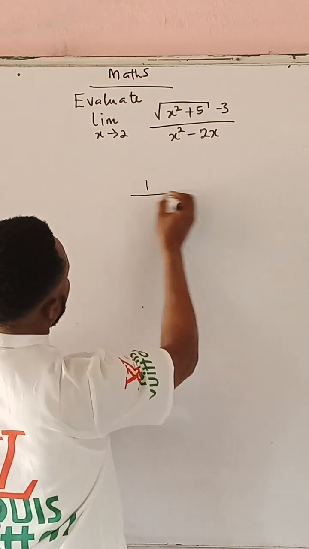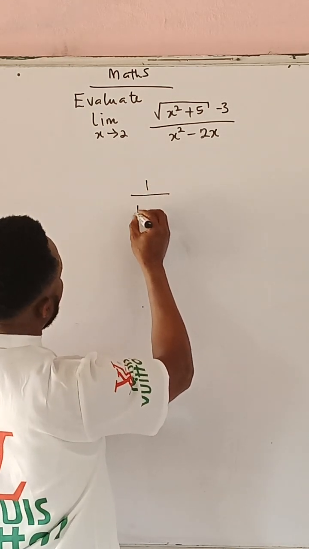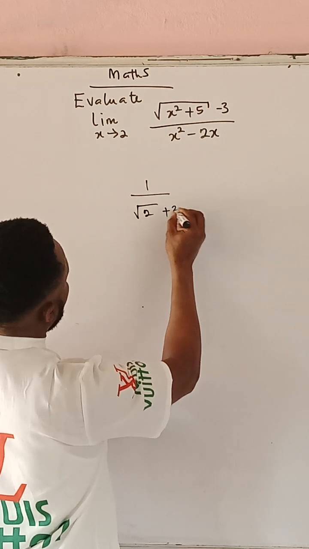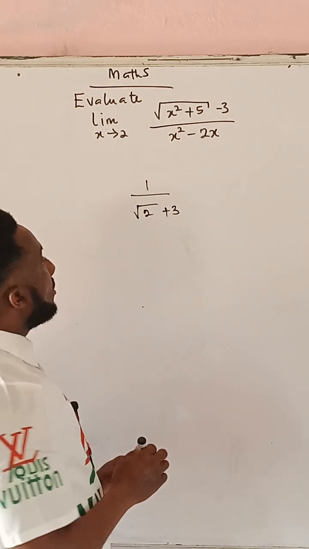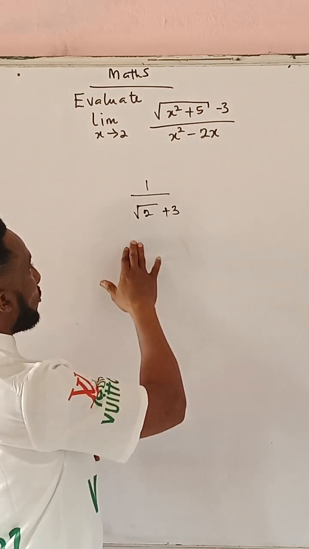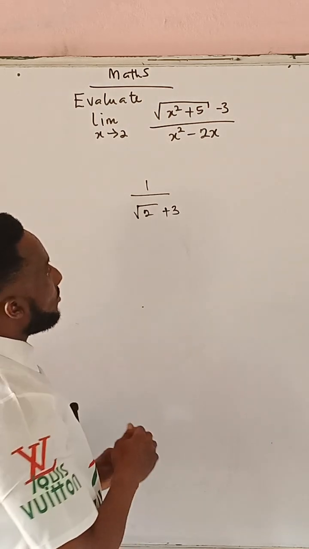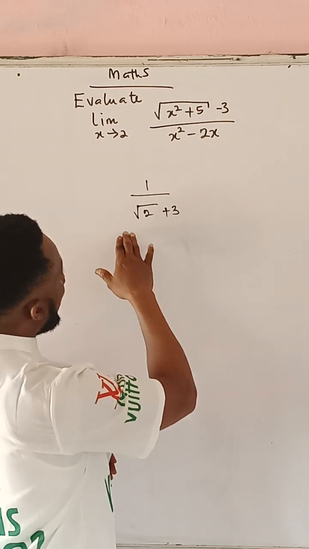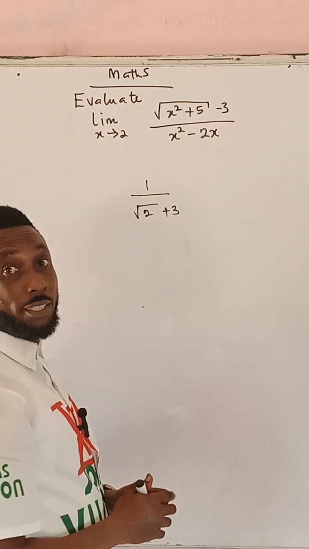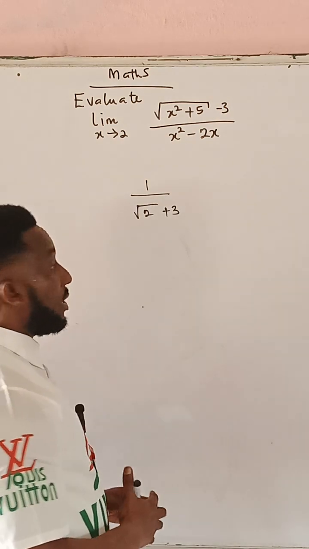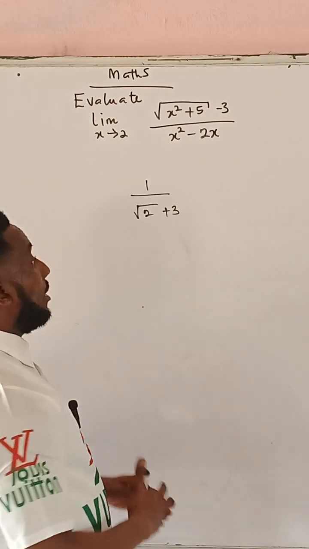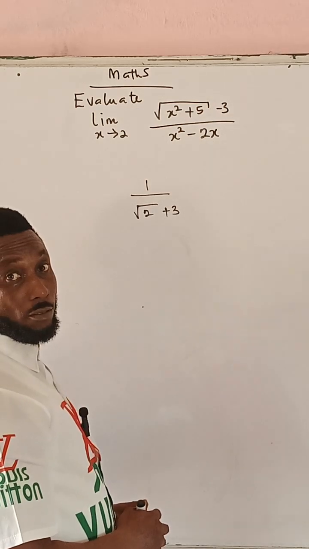If I have a fraction, 1 upon the square root of 2 plus 3. Now, because the denominator of this fraction is a radical, what we do in mathematics is to rationalize the radical.